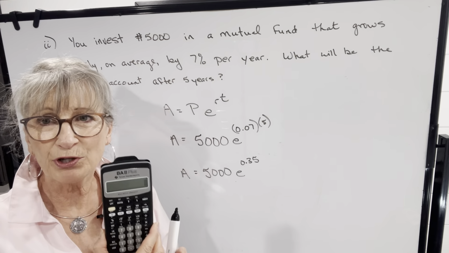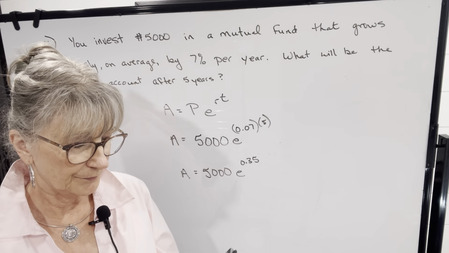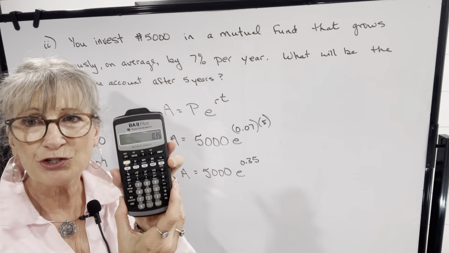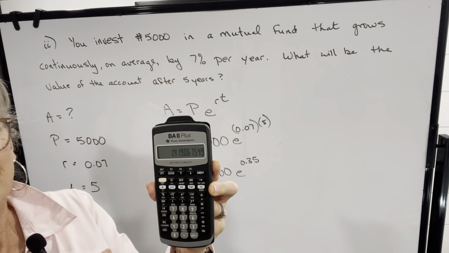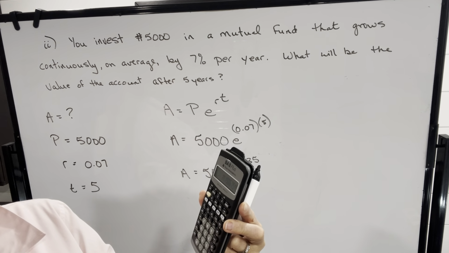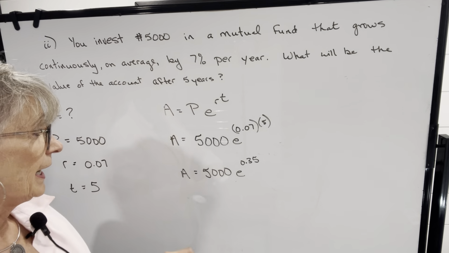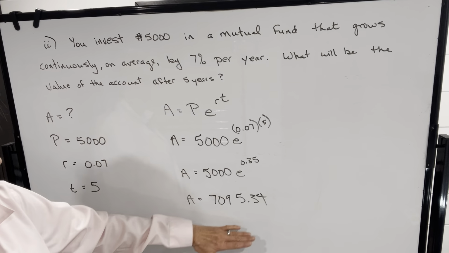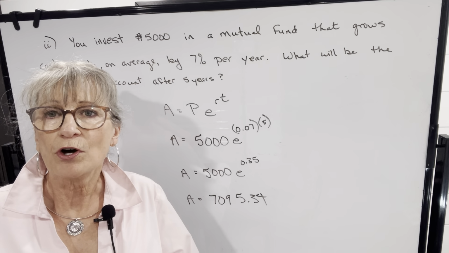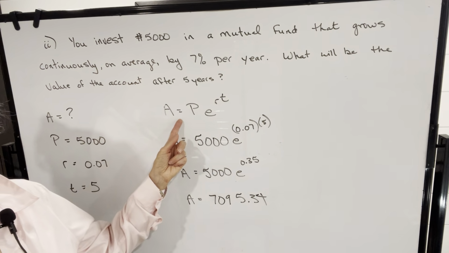Enter the exponent 0.35, and then press your e to the x key, which is the second function, ln. So it's 1.4191. And then we're going to take that value and multiply by 5,000. And our future value will be $7,095.34.